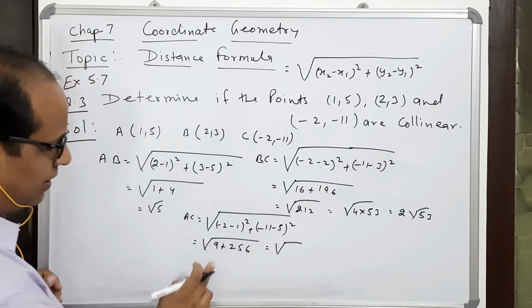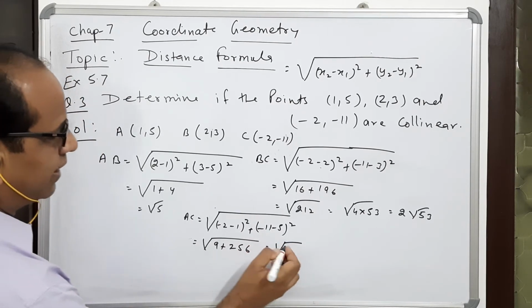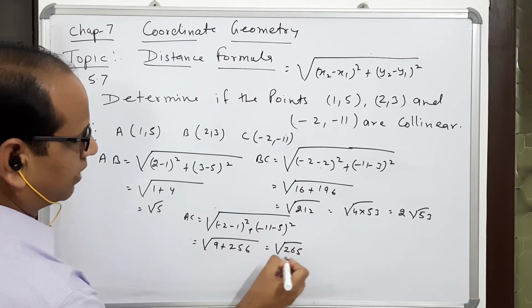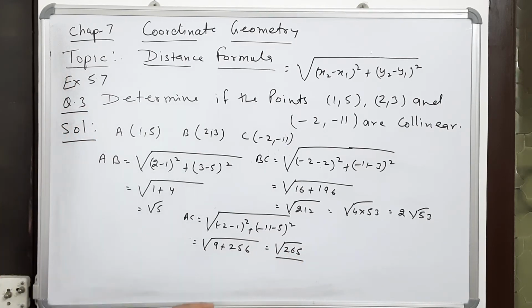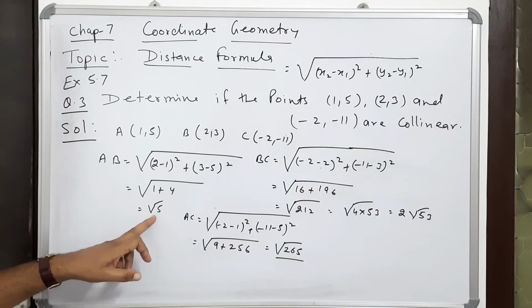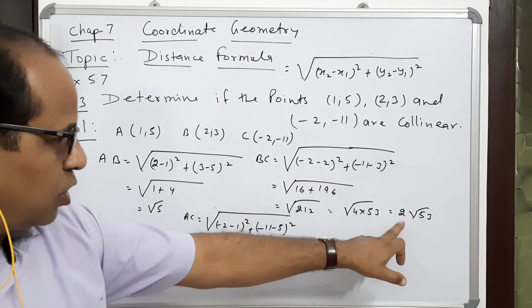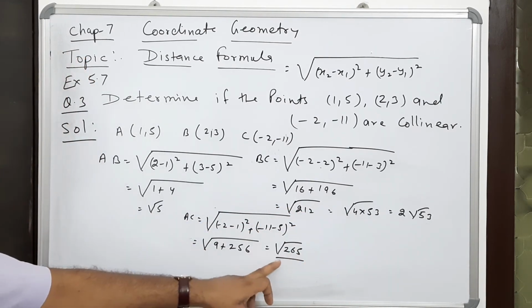So this length is, adding, 265. Now, the three lengths are root 5, 2 root 53, and root 265.